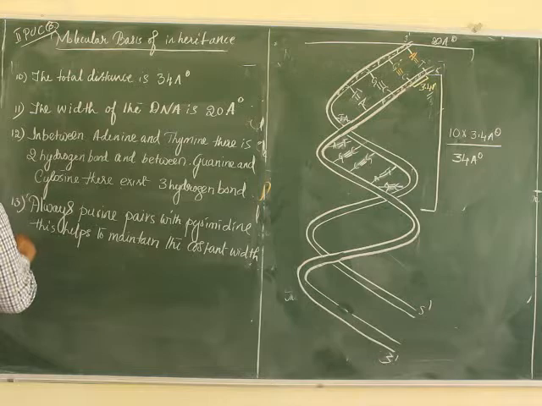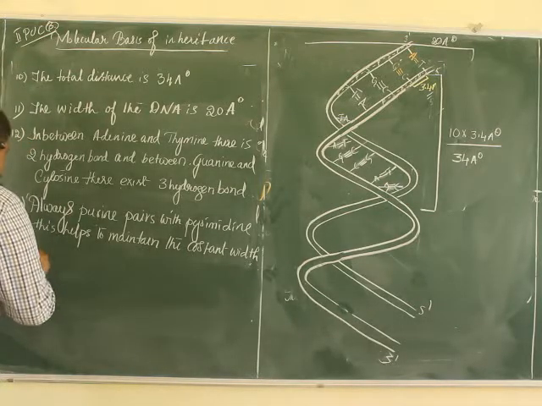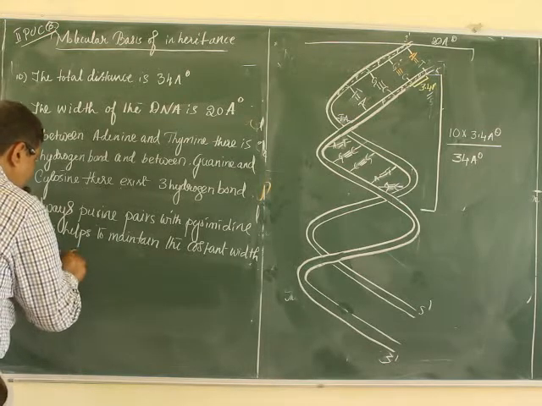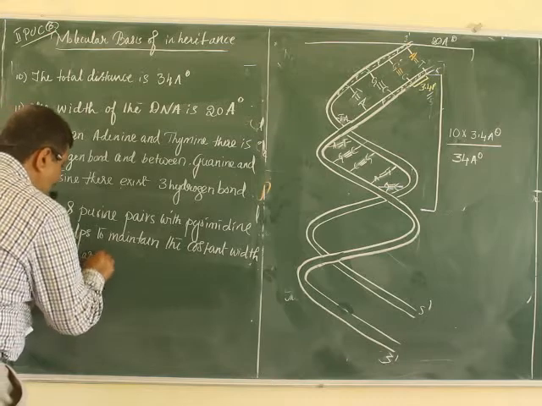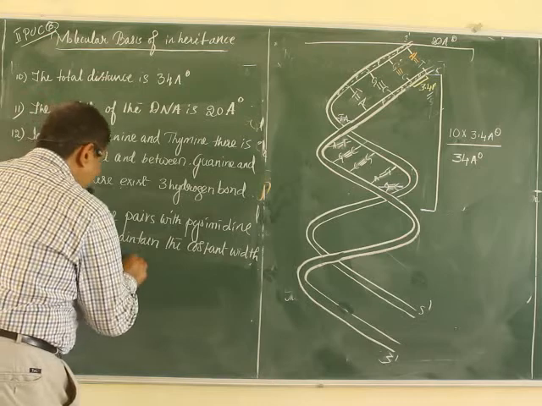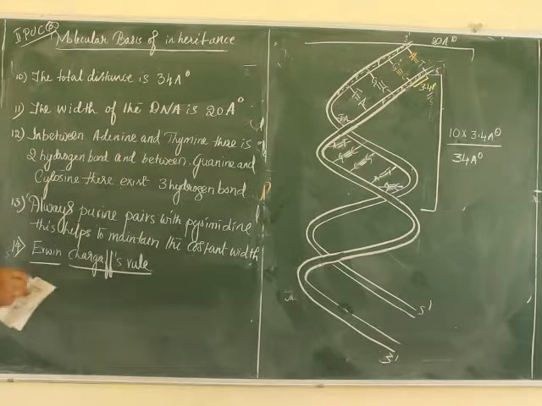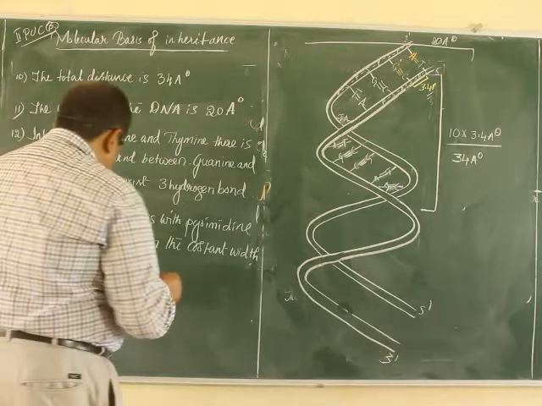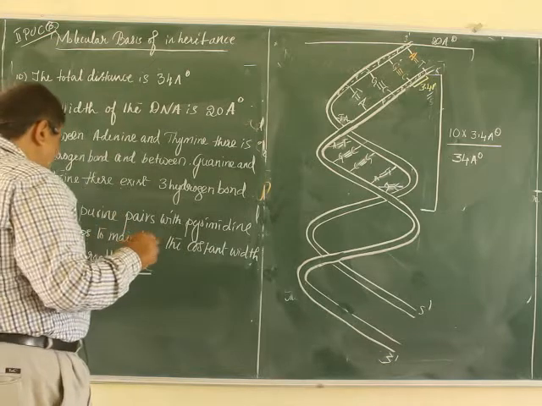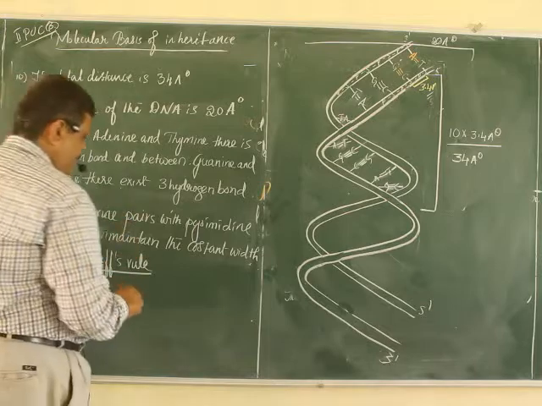Next, Erwin Chargaff's rule. They may ask it separately for 2 marks. What does the rule say? It says that in DNA, the proportion of adenine is equal to the proportion of thymine, and the proportion of guanine is equal to the proportion of cytosine.